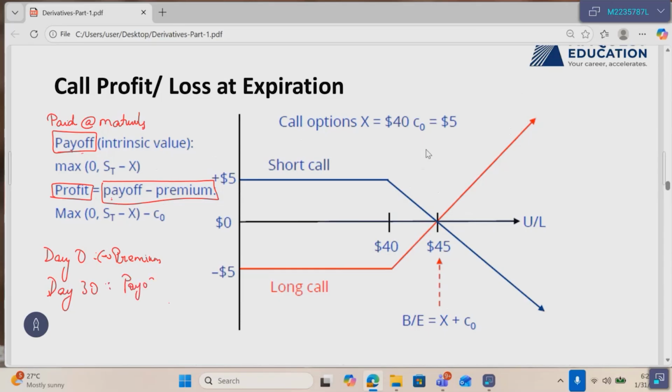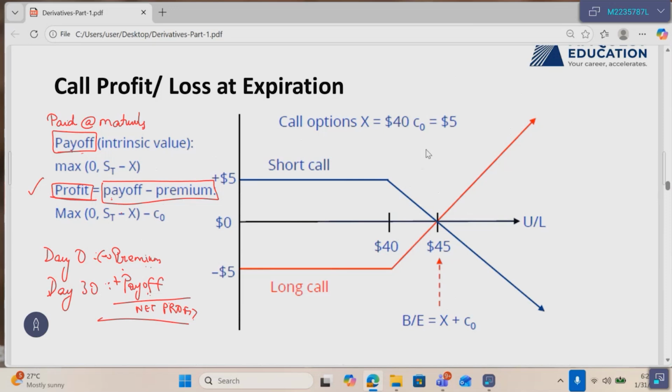Now remember, payoff will always be positive or 0 because I'll never lose. So the payoff minus premium, what is the net amount? That net amount is called the net profit. So in the exam, if they say compute the profit, you have to find the payoff and the premium and subtract. If they say compute the payoff, do not subtract the premium. Is that clear? Okay.